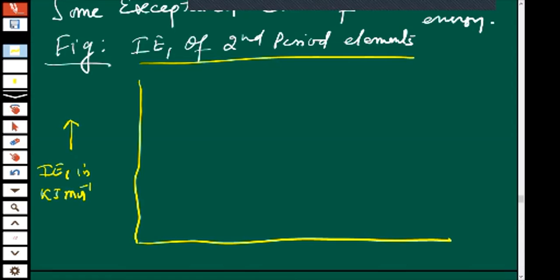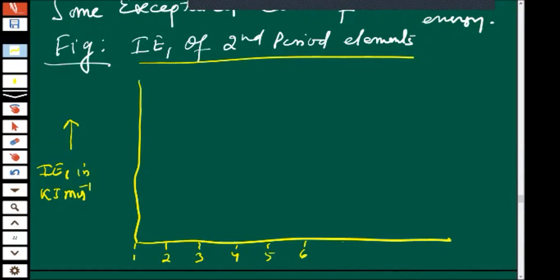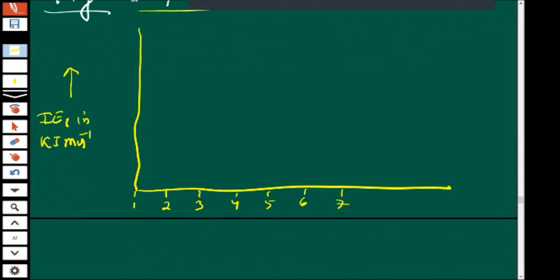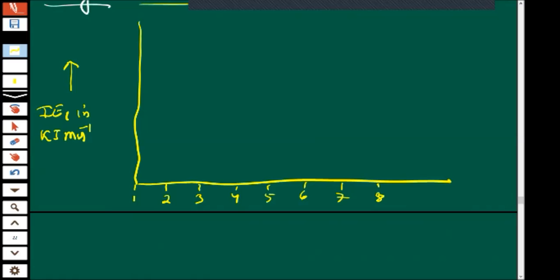It is increasing. And here 1, 2, 3, 4, 5, 6, 7, 8, 9, 10, and so on.